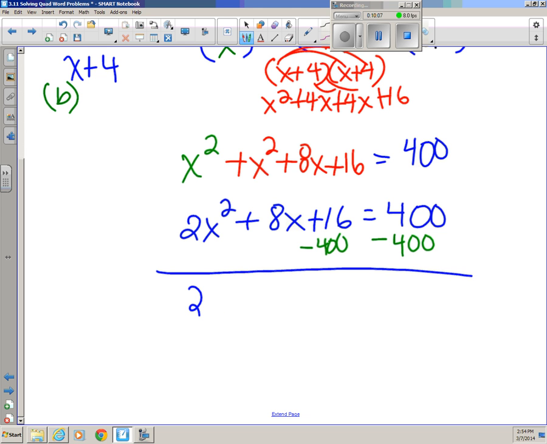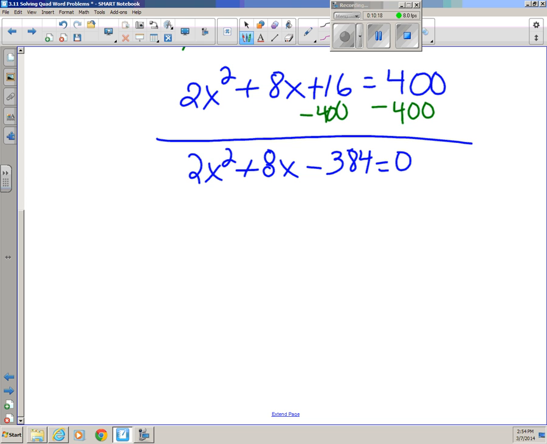What comes out is 2x squared plus 8x minus 384 equals 0. In order to factor, I see that I have a GCF. I'm going to pull out my 2, and I'm left with x squared plus 4x minus 192 equal to 0. You've got to FOIL what's in there.